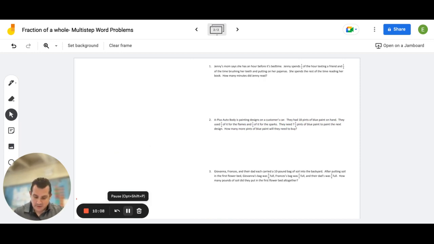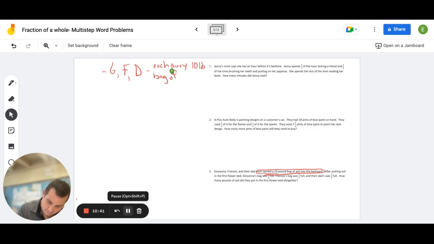Okay, now let's look at the last one. Okay, this one is a little tricky. Giovanna, Francis, and their dad each carried a 10-pound bag of soil. Okay, so I'm going to put G, F, and D. Okay, each carry 10-pound bag of soil.